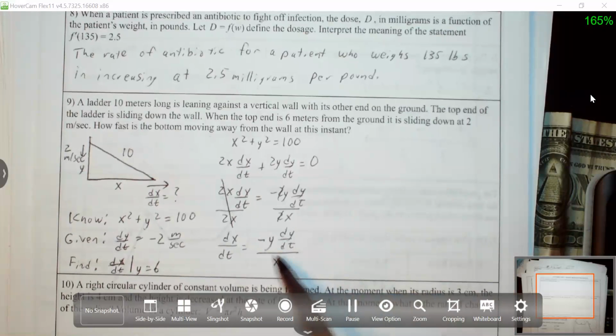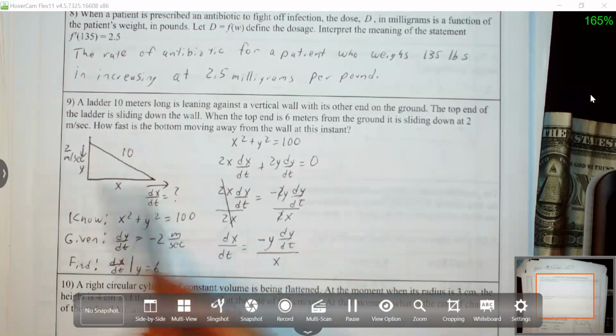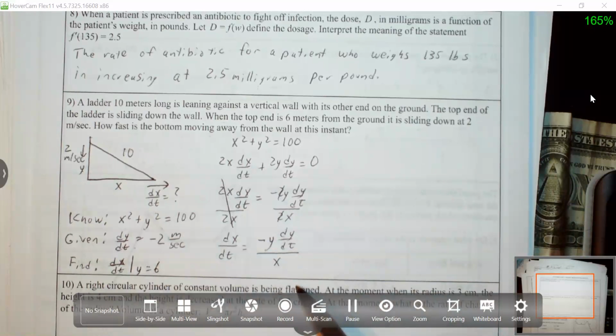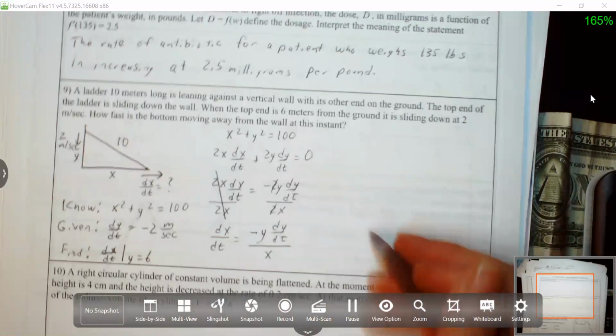So I'm going to go ahead and plug everything in. I have dy/dt. I have y is going to be equal to 6, but I don't have what x is. So that must mean I must use the fact that it's a right triangle again to figure out when y is 6, what is x. And you could actually do this step in the very beginning instead of waiting at the very end. You could do that step first and then do this step after. But let's go ahead and do this.